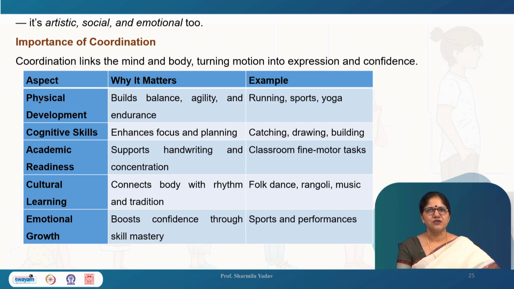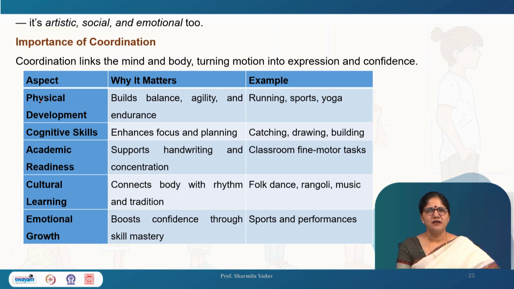Importance of coordination. Let's understand importance through this table. What are the aspects of coordination? Physical development. Why it matters? It builds balance, agility and endurance, like running, sports, yoga. Cognitive skills: it enhances focus and planning, like catching, drawing, building.